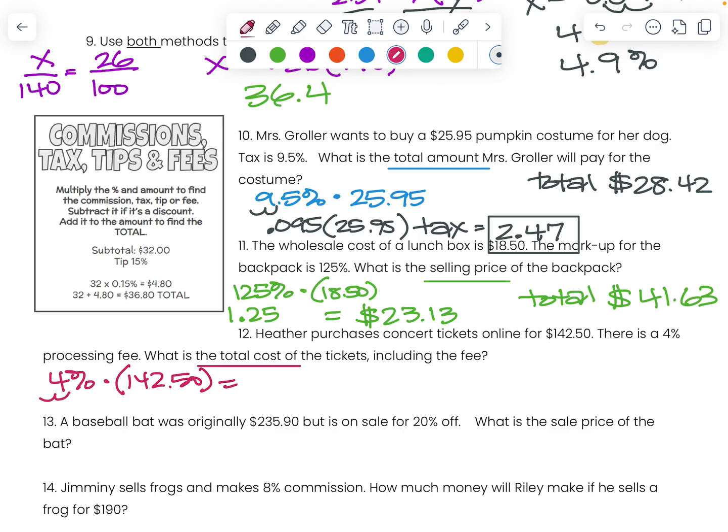So make this a decimal. All right, let's do it. All right, I got a $5.70 markup. Add that to $142.50. My total is $148.20.